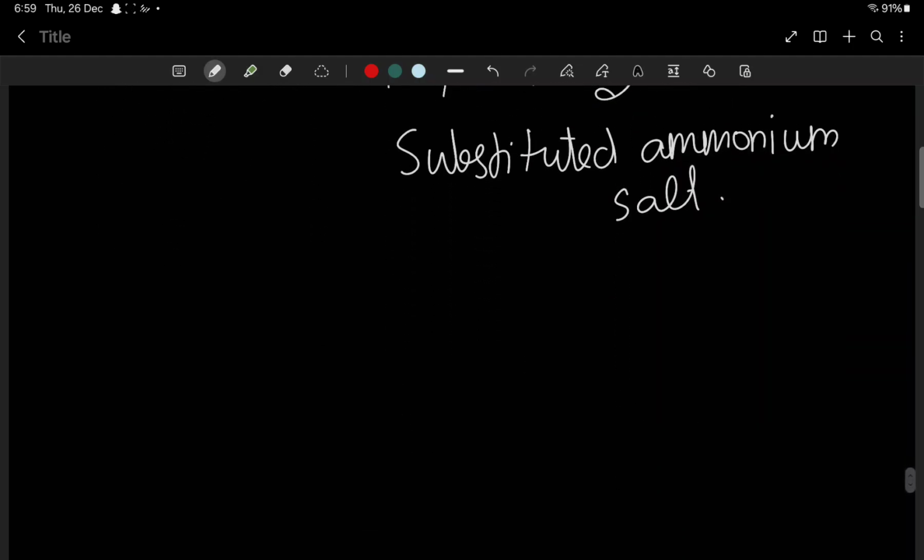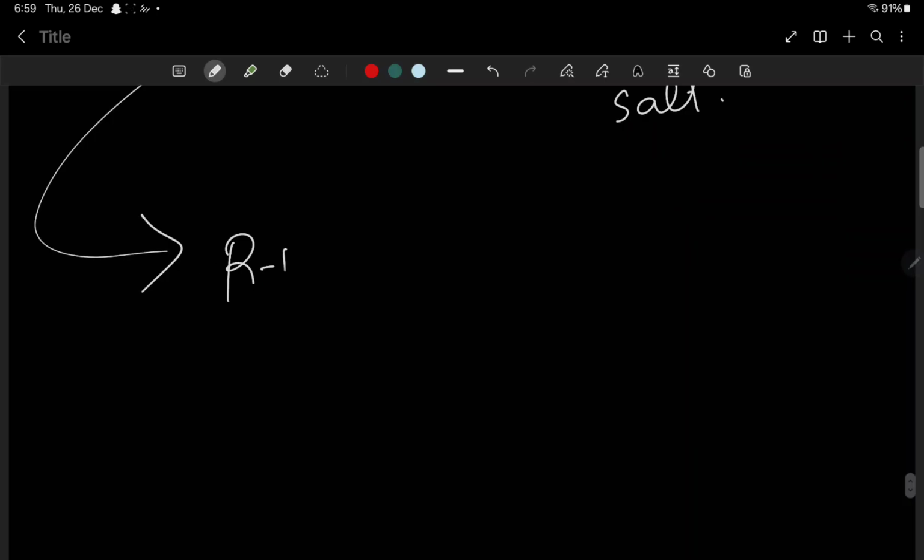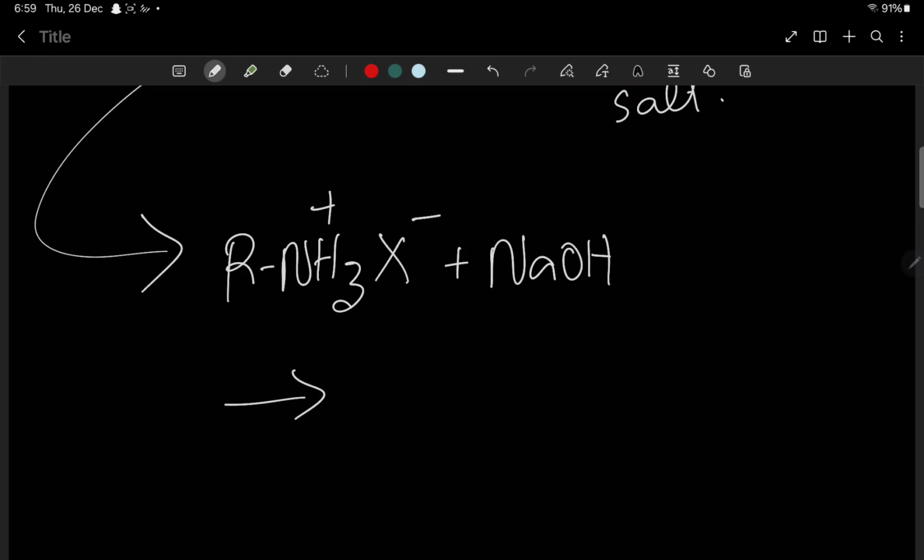Now what I'm going to do is take this ammonium salt, that is RNH3 plus X minus, and add an alkali into it, that is NaOH. What happens here is that we get the amine form, that is RNH2 plus H2O plus NaX.